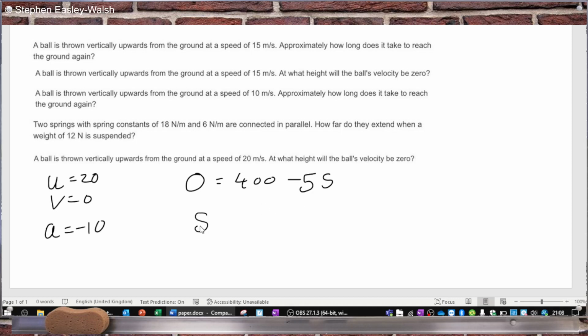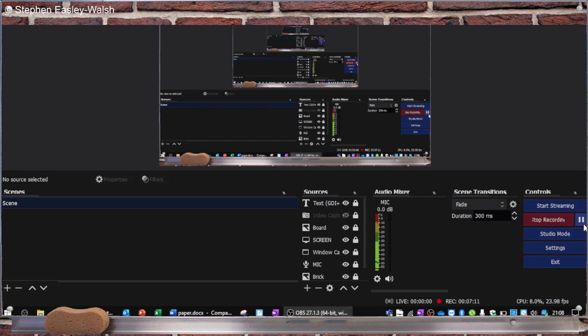So S will be 400 over 5. What's that? 80, isn't it? 80 meters. So the ball is at a height of 80 meters when its velocity will be 0.